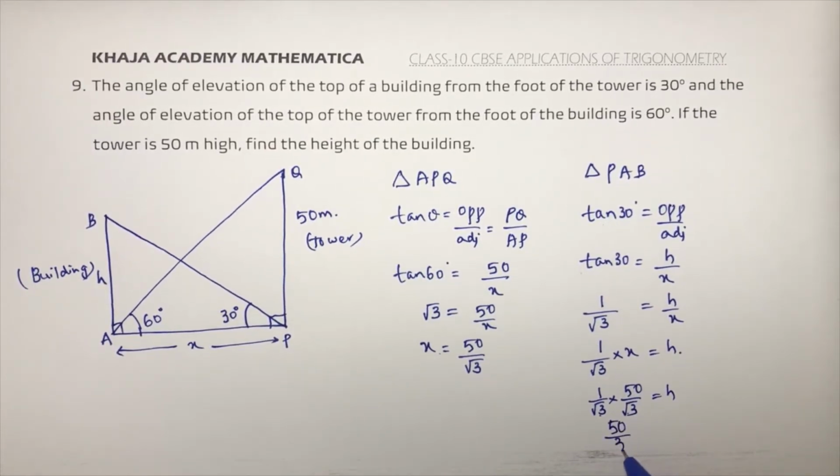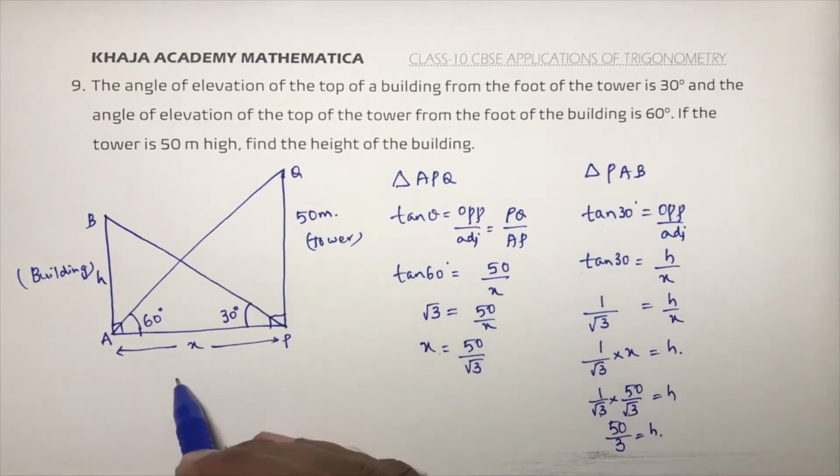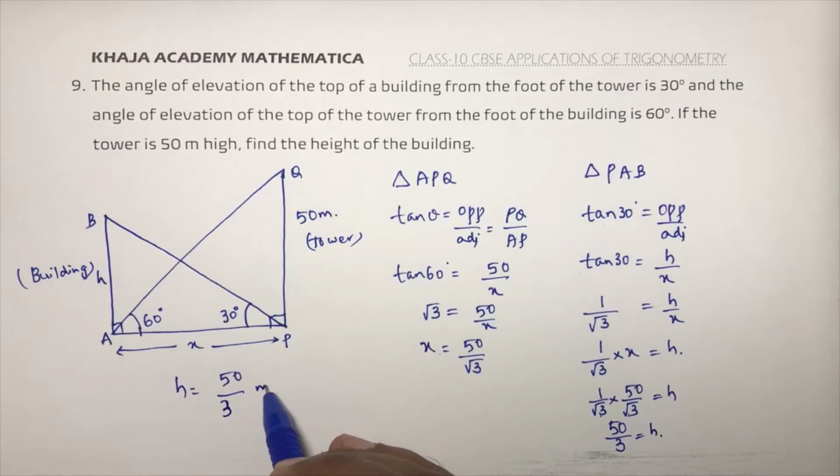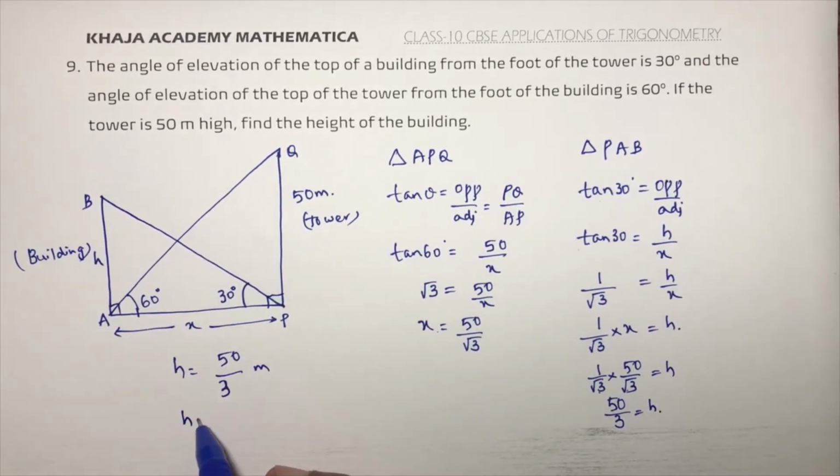So 50 by 3 is the height of the building. Height of the building is 50 by 3 meters. If you want, you can write it in mixed fraction, 16 2 by 3 meters.